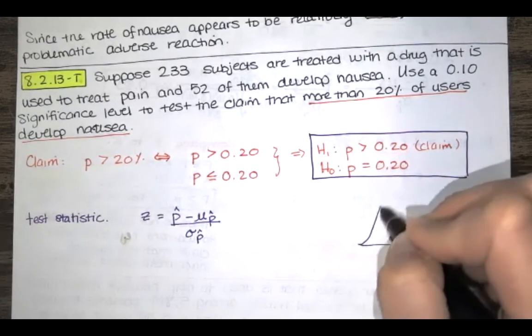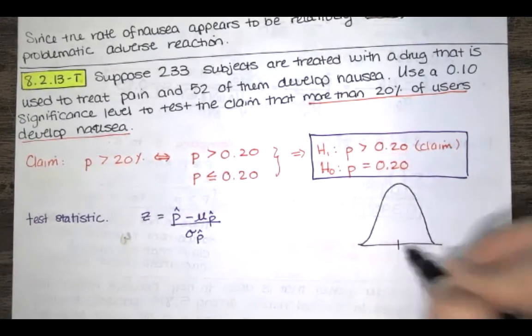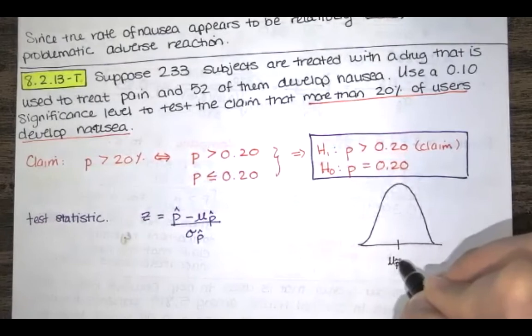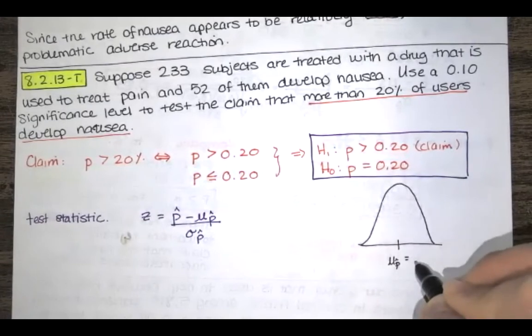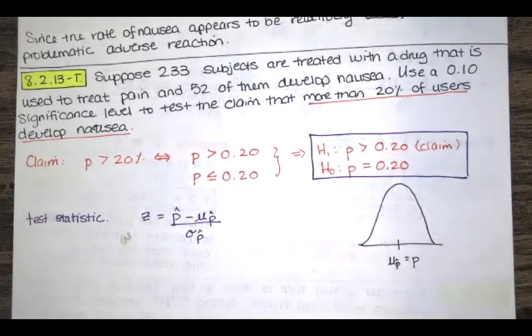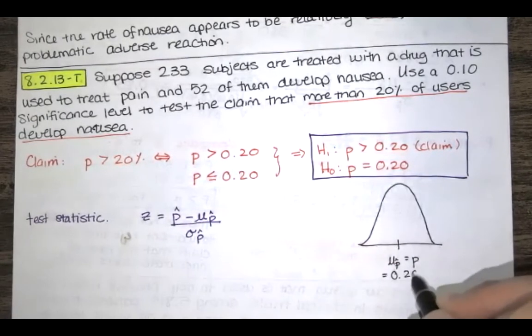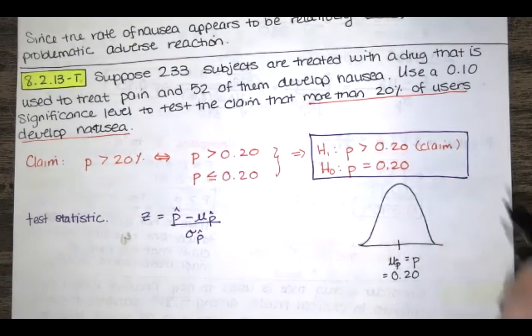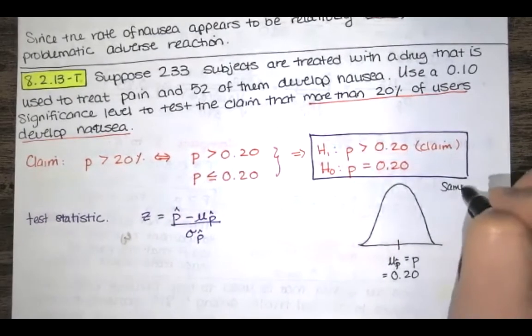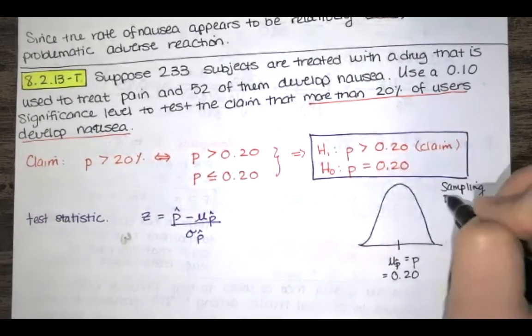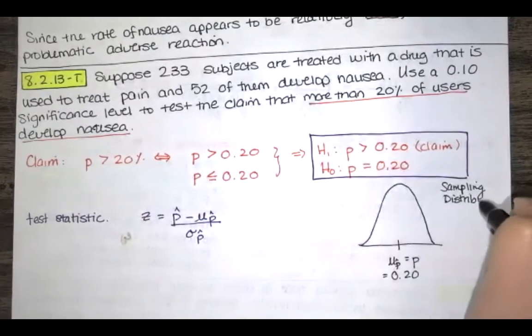So here's our sampling distribution. We know that the mean of the p-hats is equal to the population proportion p, and if we're assuming that the null is true, we're assuming that that mean is equal to 0.20. Now remember how this works. We studied this back in 6.3.